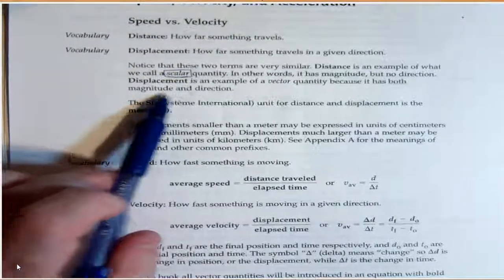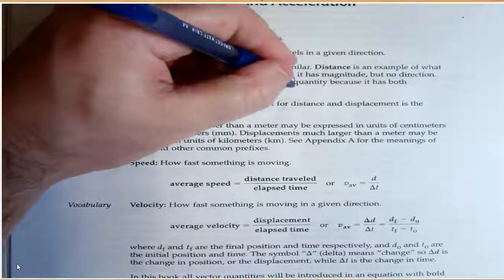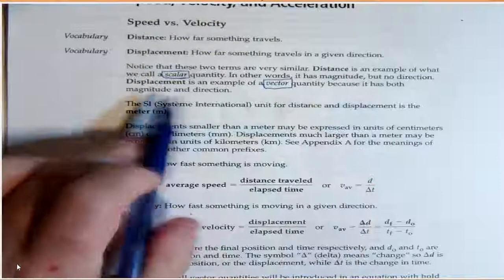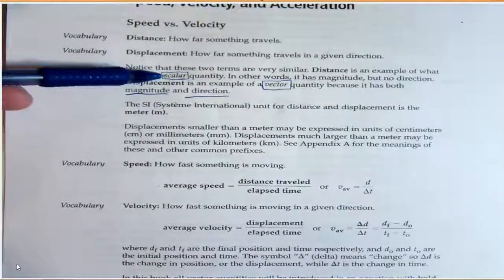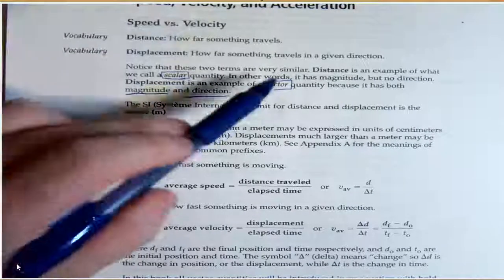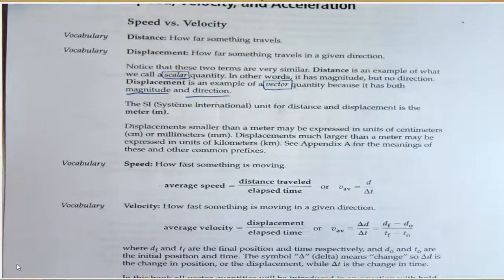Displacement is an example of a vector quantity, because it has both magnitude and direction. So scalar means just magnitude, distance is scalar, vector has magnitude and direction. Okay, so just make note of this.